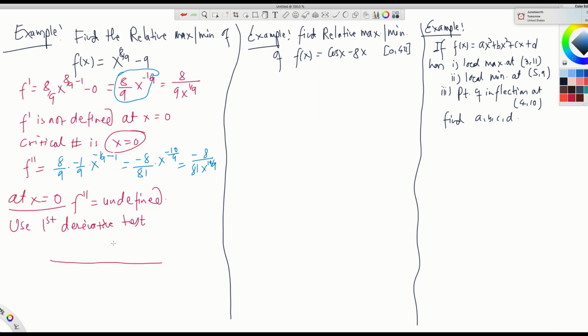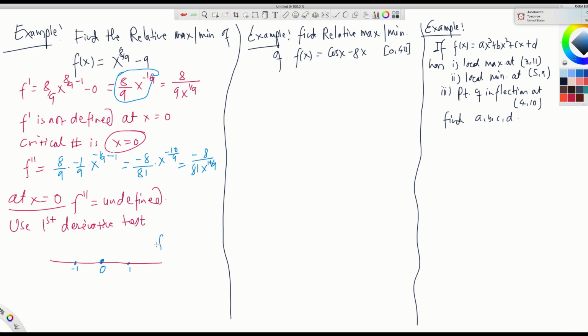So the point that we are interested is 0. Okay, so we will take a test point on the left of 0 and right of 0, negative 1, positive 1. So if you plug in negative 1, what do you get? I mean, we'll plug in the first derivative, right?